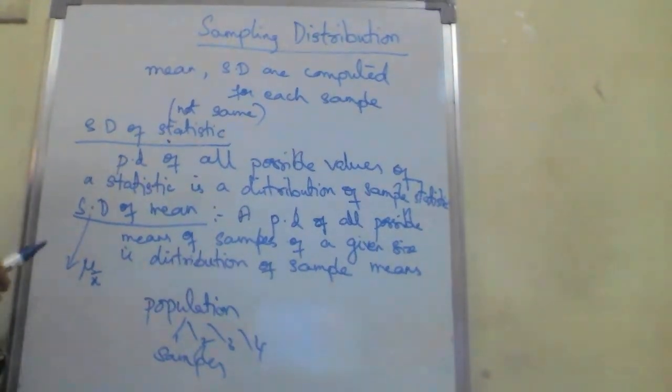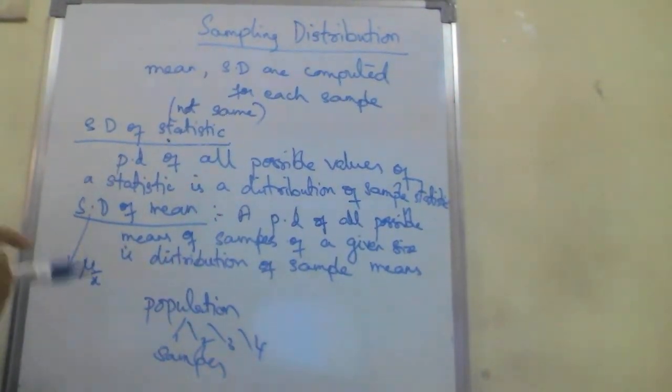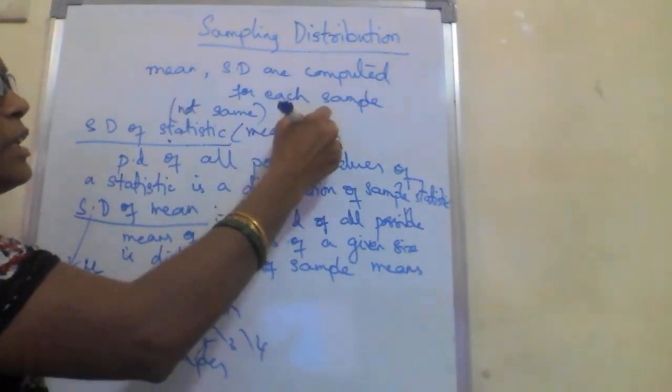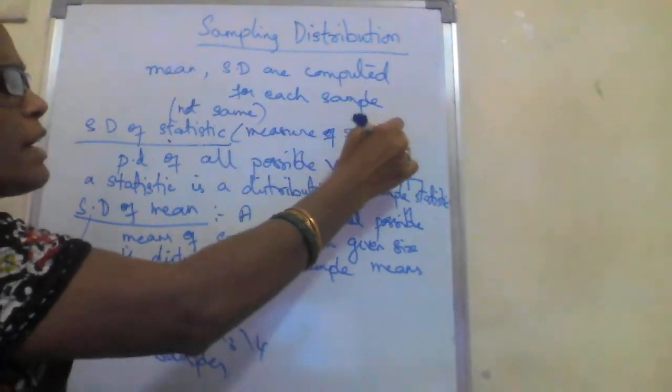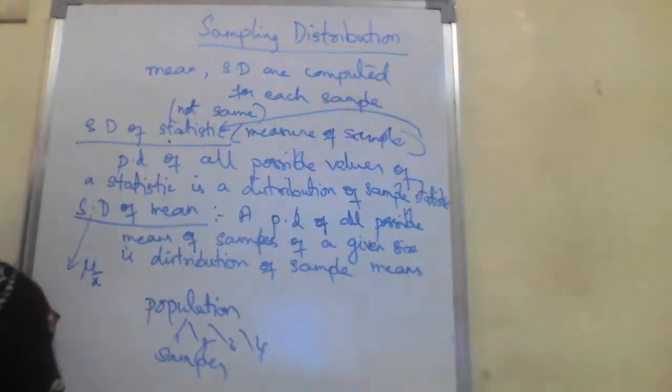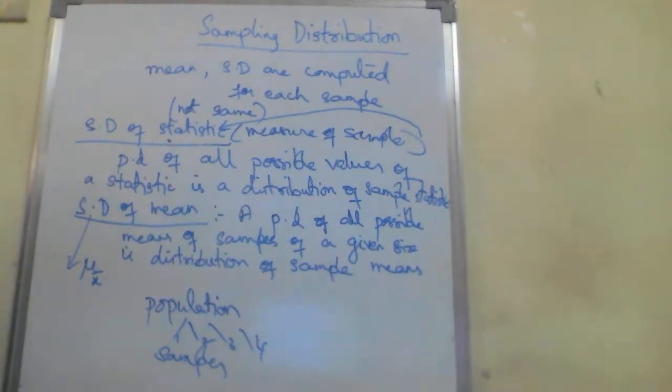Statistic means any measure of a sample. Any measure of a sample, you call it a statistic. It may be a mean, median, variance, anything.